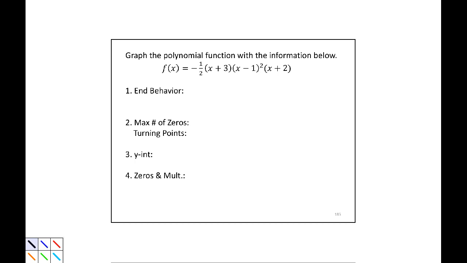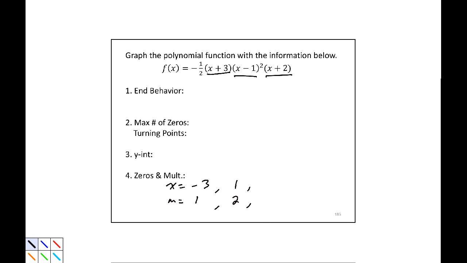x plus 3, that factor, will be equal to 0 when x equals minus 3, with a multiplicity of 1. The second factor, x minus 1 squared, will be equal to 0 when x equals 1, and that has a multiplicity of 2 because of our exponent.